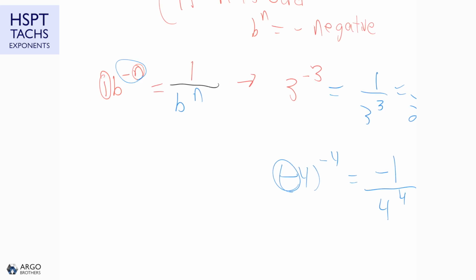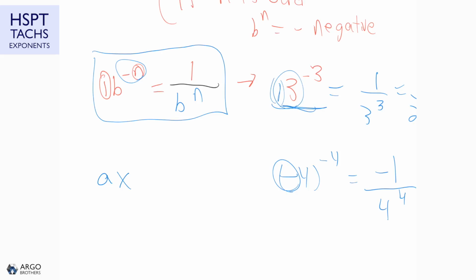Okay, so this is the rule. b to the negative n power is 1 over b to the n. The general rule is, I'm going to write a as a coefficient of a number and x as a variable. So in this case, x would be 3, and a would be this 1 here.